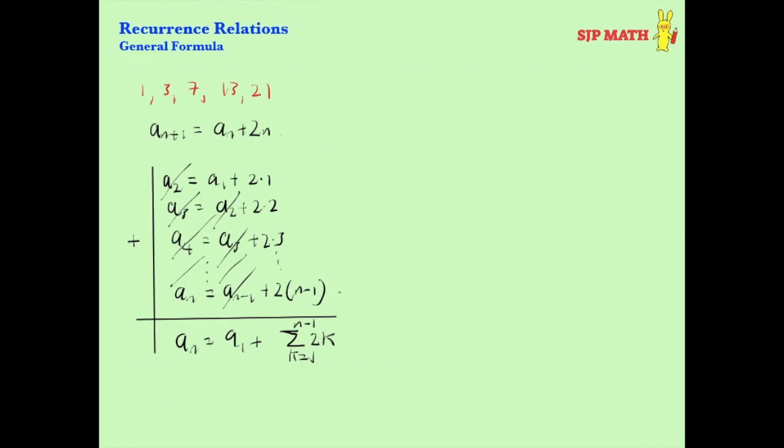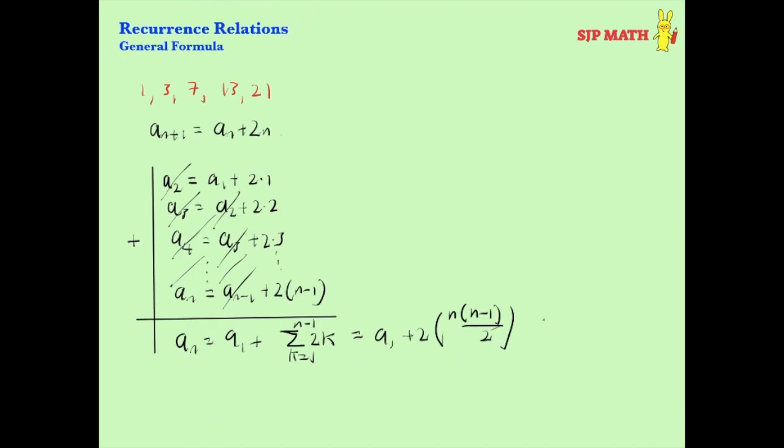And we can simplify, we can take the 2 out, and using the formula for summing from 1 to a positive integer, we get 2 times (n minus 1) n over 2.